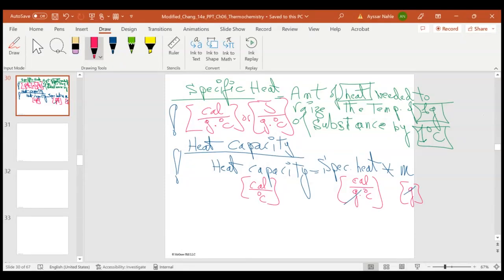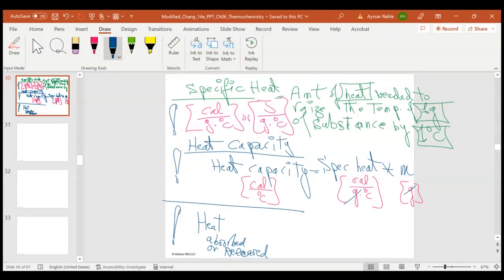Now, that's another thing you have to memorize. So I said the heat capacity is the specific heat multiplied by the mass. And a third thing that you have to go through here is very important, and that's the heat that is being absorbed, or the heat that is being released. Heat absorbed or heat released. Remember, you have exothermic or endothermic reactions.